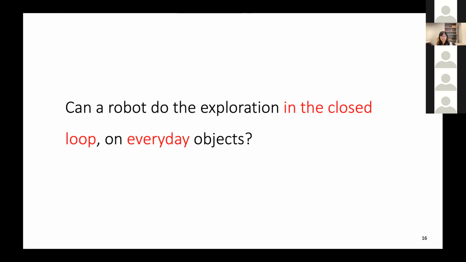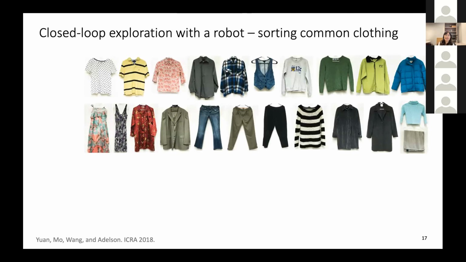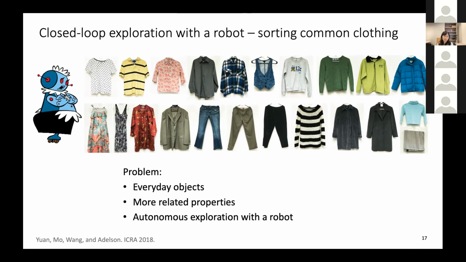So we start our next exploration on perceiving clothing. Especially, we are considering a wide variety of common clothes, which differ in materials, sizes, shapes, weight, and a lot of different things. In this case, we want the robot to be able to explore all those clothing by itself.